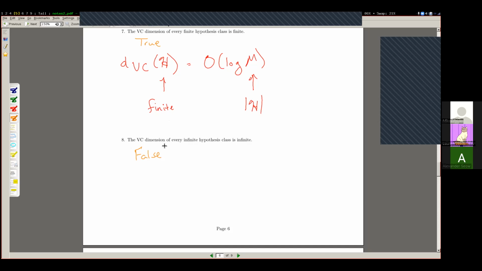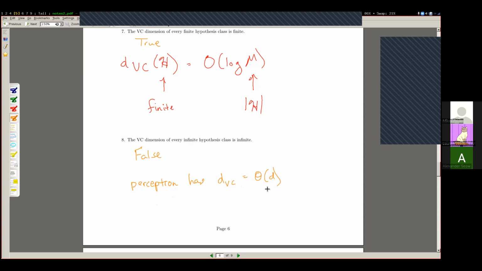And a concrete counterexample for this would be, again, the perceptron, which has VC dimension equal to theta of d. This is an infinite hypothesis class, but with finite VC dimension, theta d.